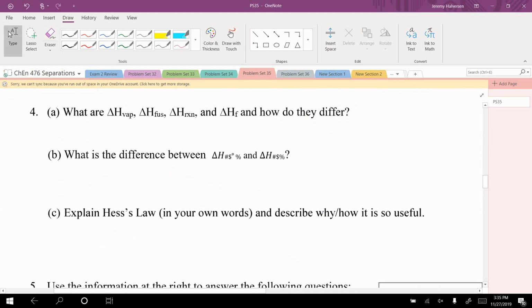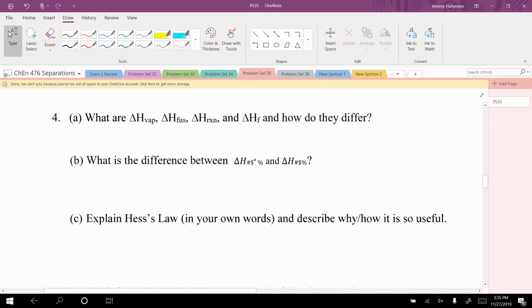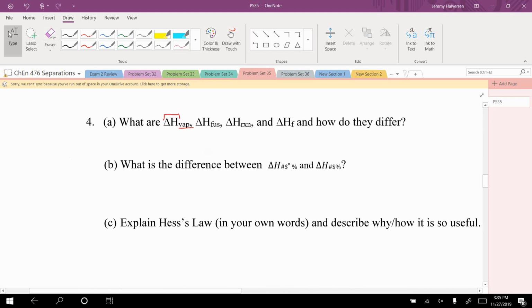All right, so what are delta H of vaporization, fusion, reaction, formation? How do they differ? Okay, hopefully this is pretty straightforward. So delta H is enthalpy. It just refers to a heat change through a process, and the subscript tells you the process. So delta H of vaporization is for vaporizing something.